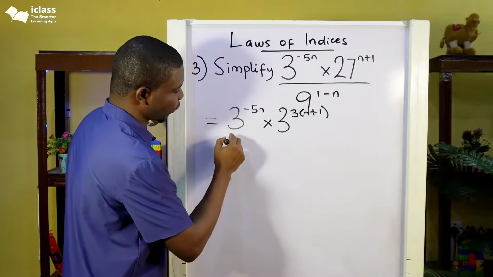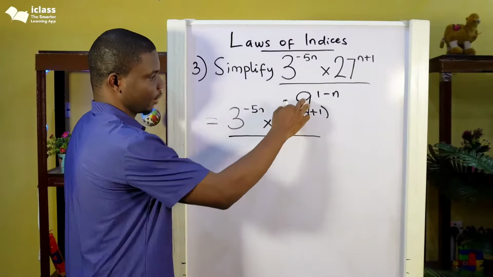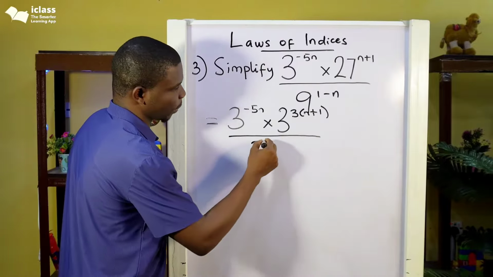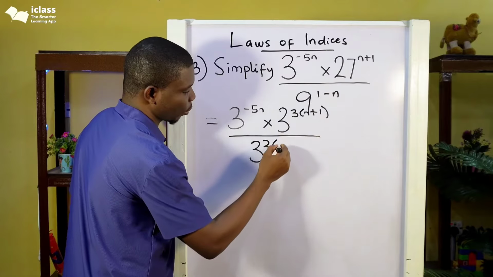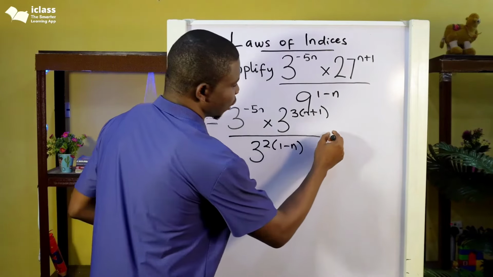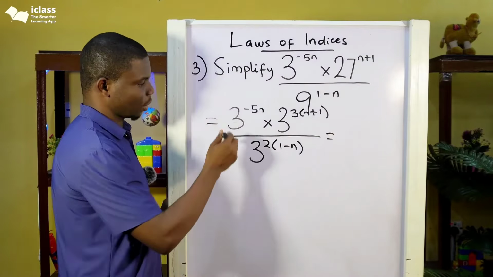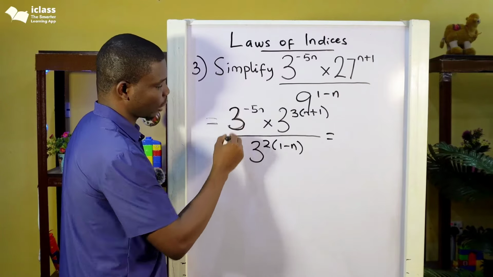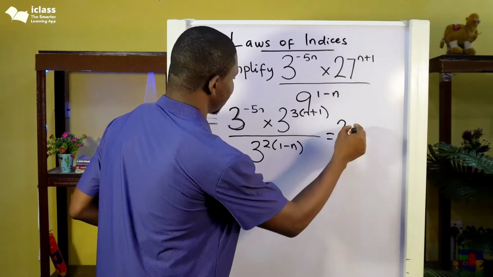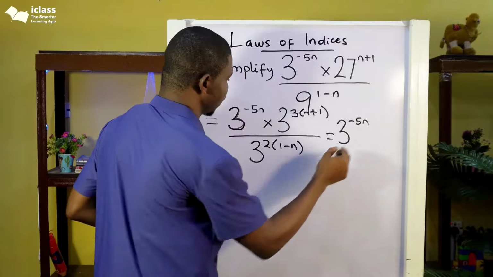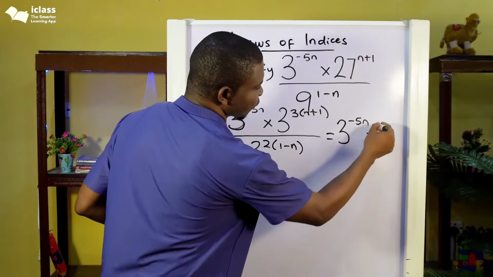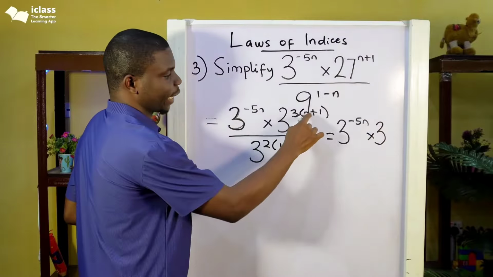Over 9, I can write as 3 to the power 2, then times 1 minus n. All right, because of space, we would be skipping some steps, but I will see them before we skip them. So we would have 3 here to the power minus 5n, then times 3 to the power 3n plus 3.